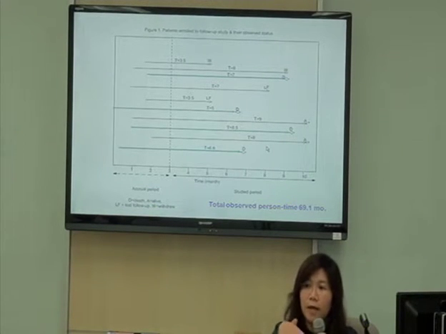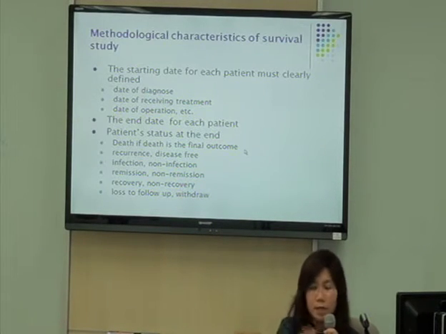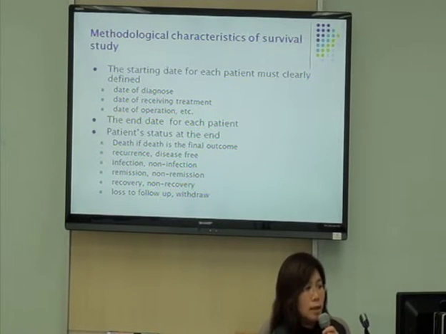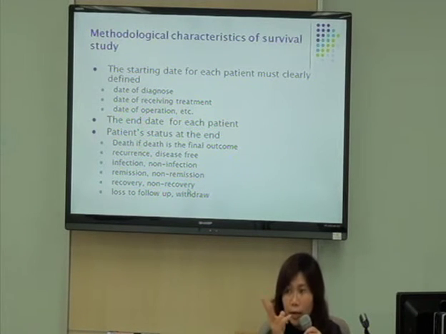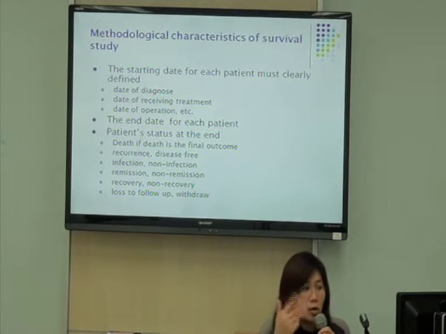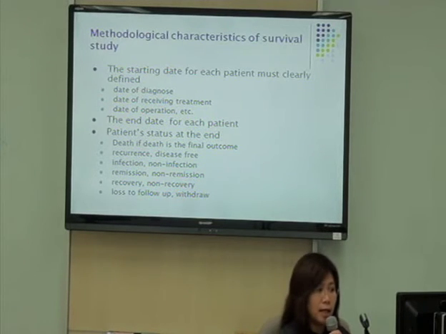You have to clarify one by one which category each subject's status falls in. So the patient status at the end might be dead or alive, recurrence or disease-free, infections or non-infections, remission or non-remission, or complete remission, partial remission, depends on your definition. Recovery or non-recovery. Sometimes it might not be just a binary outcome, yes or no. It might be 3 outcomes that are possible. Depends on how you define the patient status at the end.